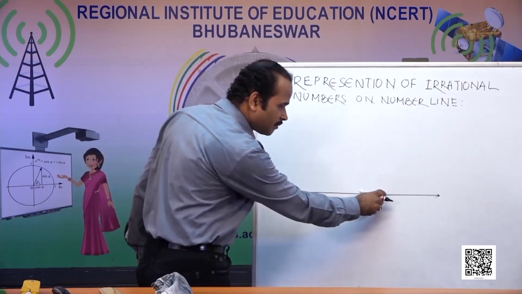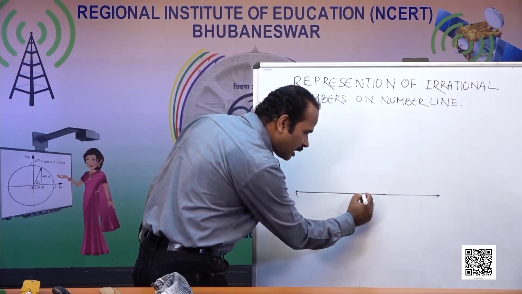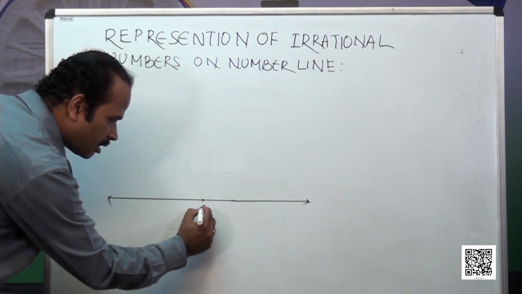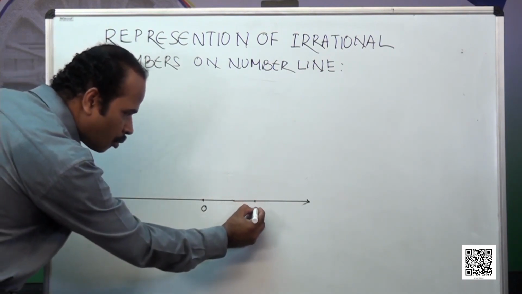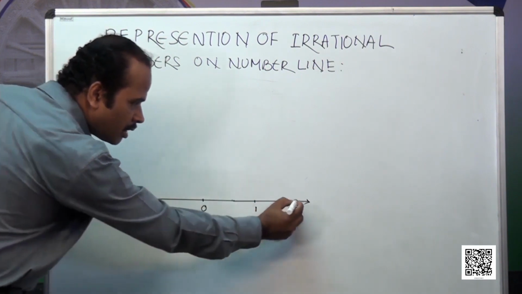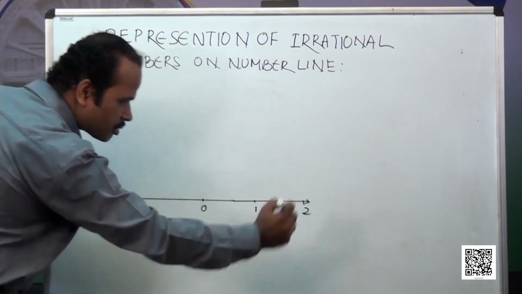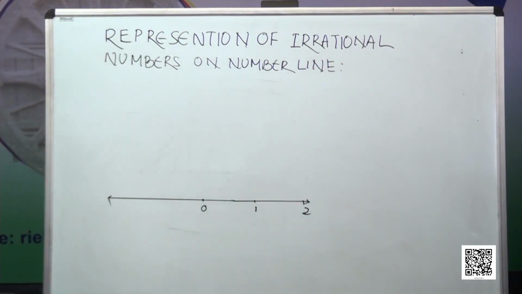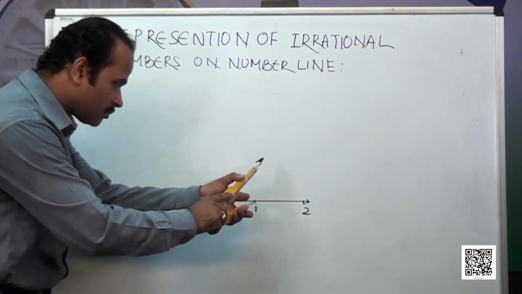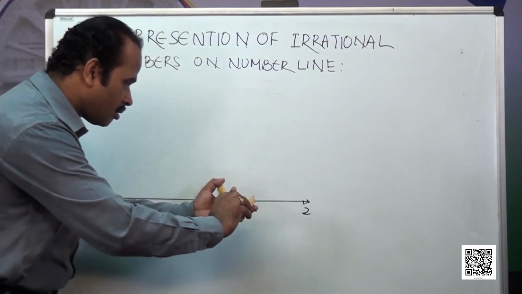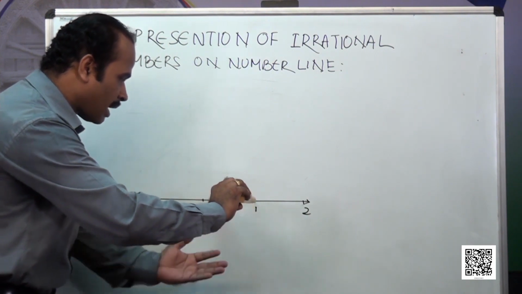Since I have to select a point 0 here, let me take a point here, it is 1 unit. Here another point, it is 2 units suppose. Now with this 1 unit, let me find a perpendicular at 1. As I have seen, how do we construct a perpendicular there?